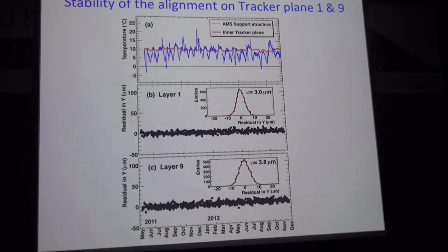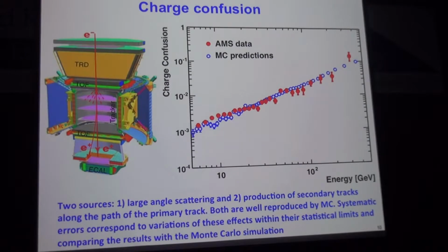Nonetheless, with our alignment software, at the end we were able to align the detector to about 3 to 4 microns, and this enables us to have a charge confusion of less than 1% at about 500 GeV.